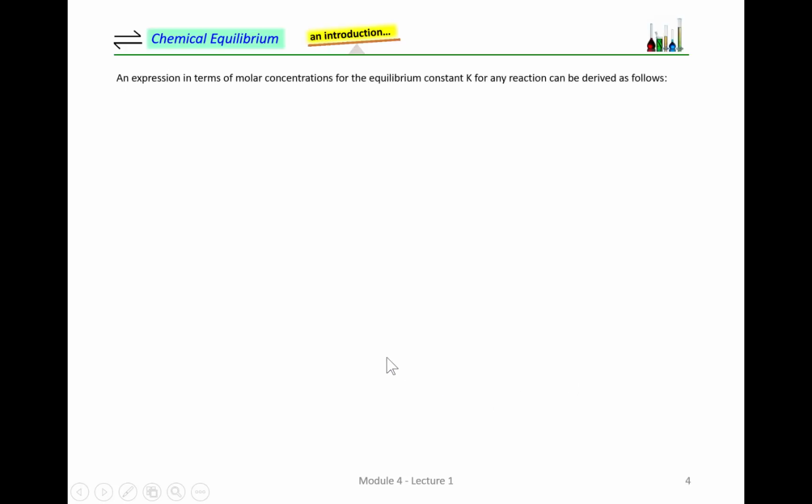Now an expression in terms of molar concentrations for the equilibrium constant K for any reaction in general can be derived as follows. Suppose we have a generic equilibrium.